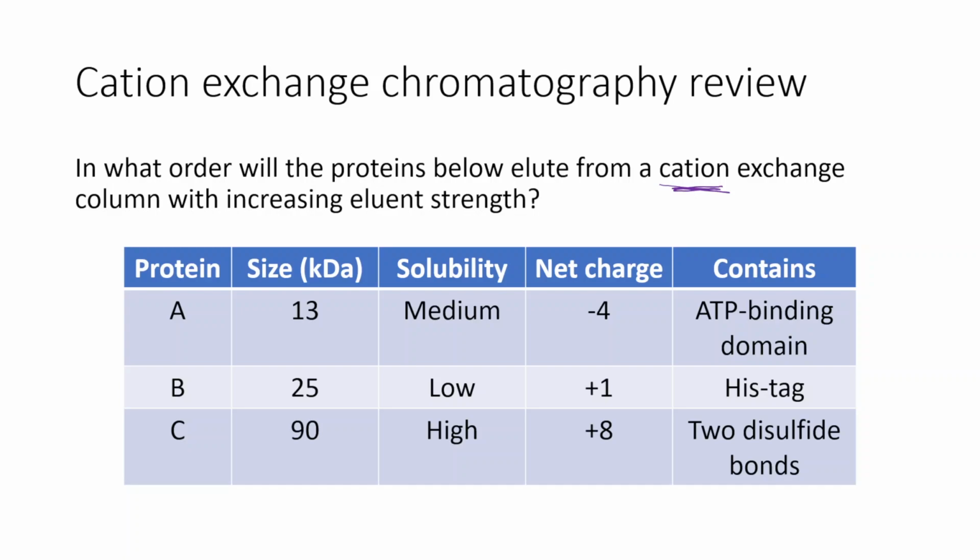Okay, so for cation exchange chromatography, which property of the protein are we going to use to separate? Yeah, the charge, the net charge. For cation exchange, does the stationary phase of the column bind to positively charged or negatively charged proteins?